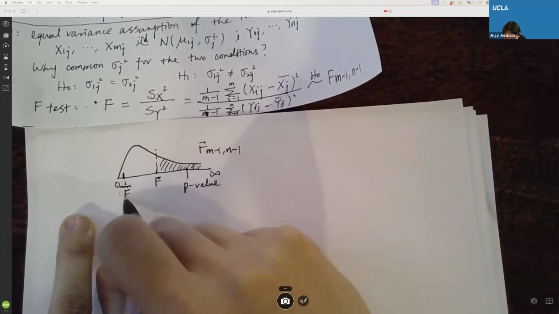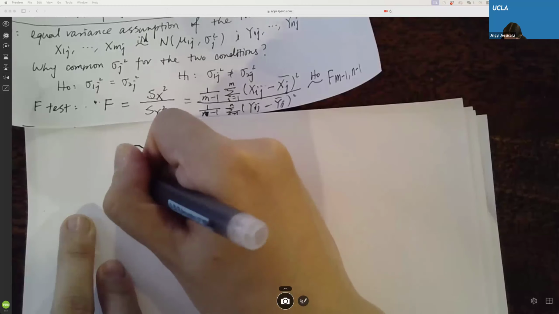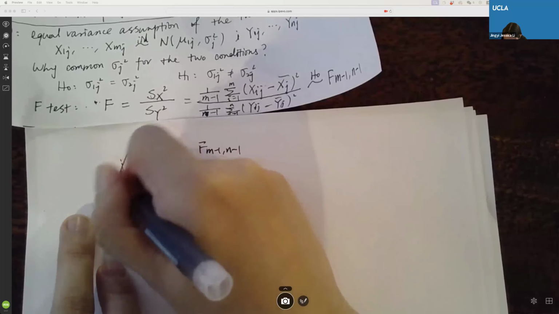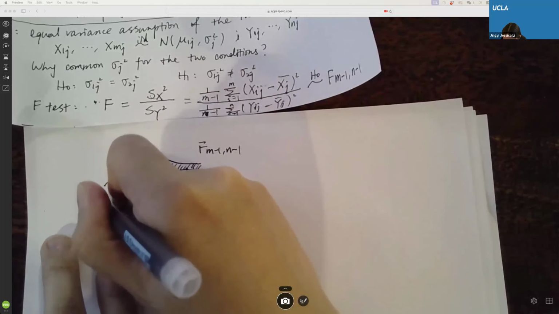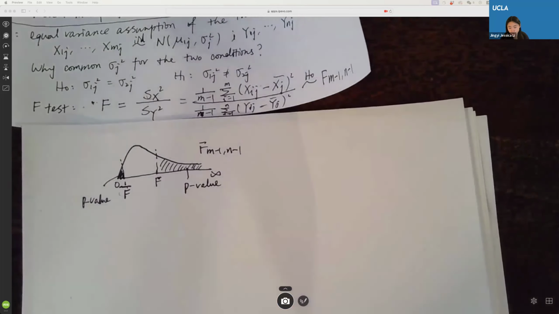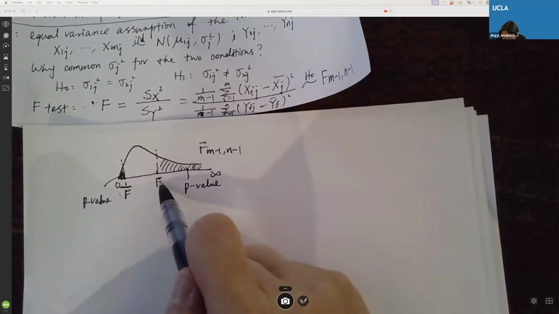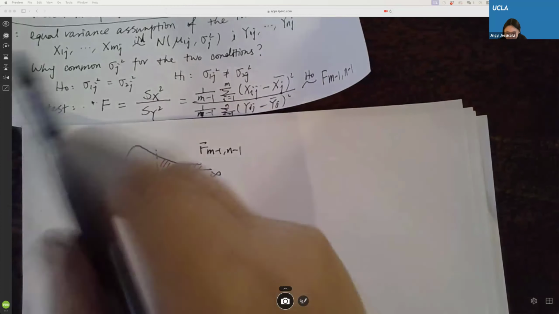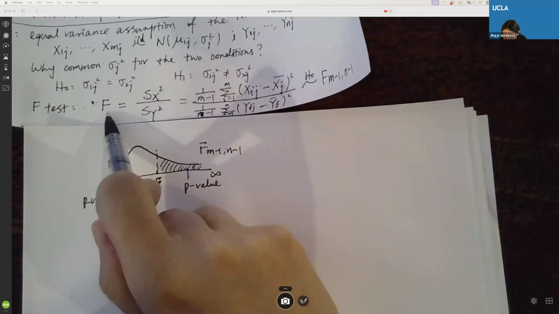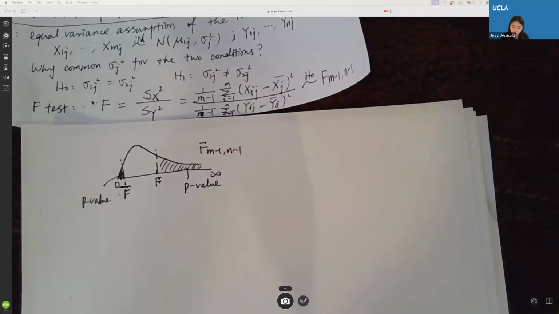Its inverse is less than 1. So then you also need to get the left tail here. So both tails together will give you p-value, depending on whether you want to go one-sided or two-sided. So whether you have 1 over f here, or f here, that depends on whether the value you observe for f is bigger than 1 or smaller than 1.